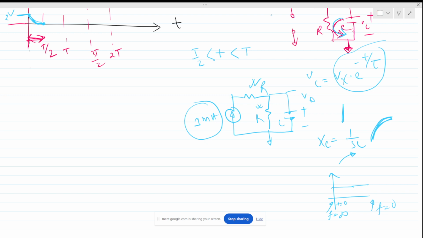At t equals 0 the frequency is infinite, and at t equals infinity the frequency is 0. So the current through this capacitor is also not constant because this impedance is changing. If this impedance is changing and these two impedances are fixed, the current through this impedance is also not fixed, right?